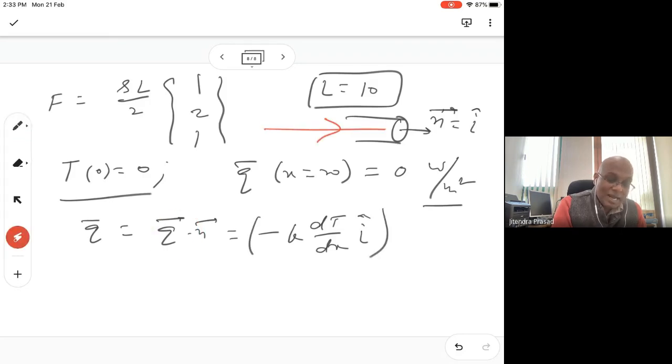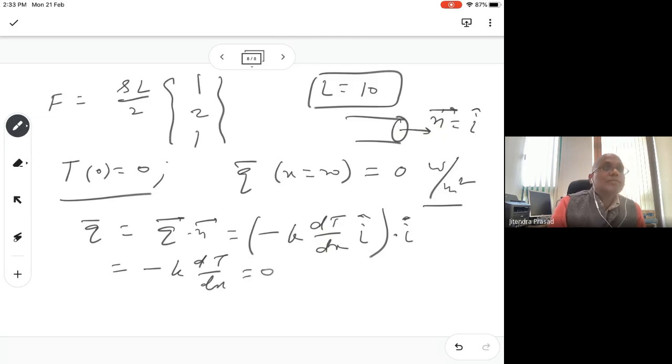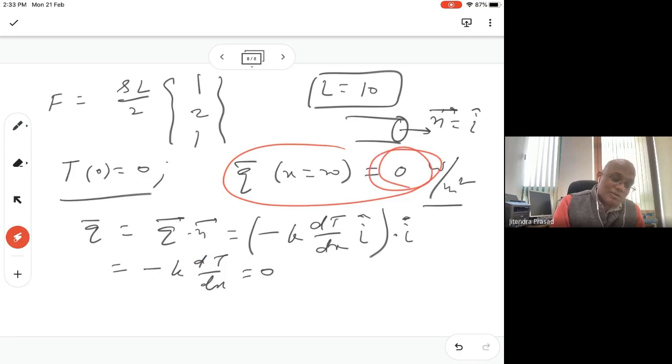Q is always directed in the x direction. So if the gradient of T is negative, then heat will flow in this direction. So this is what Q bar is. It is in the I direction, dotted with I, and that is equal to minus K dT over dx, which is given to be 0. Of course, it doesn't matter because here it's 0 anyway, so the sign doesn't matter.